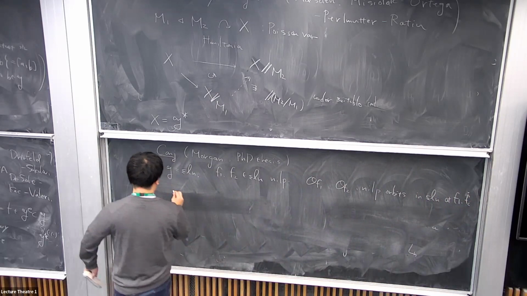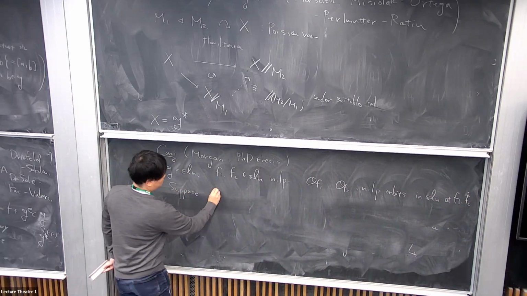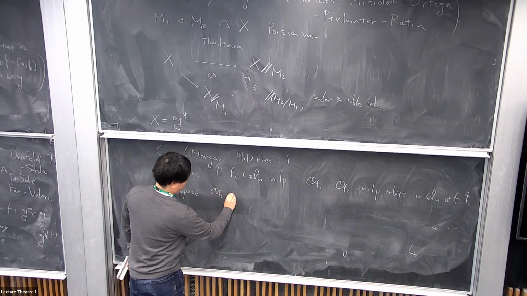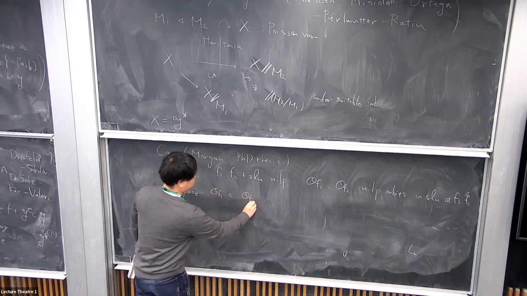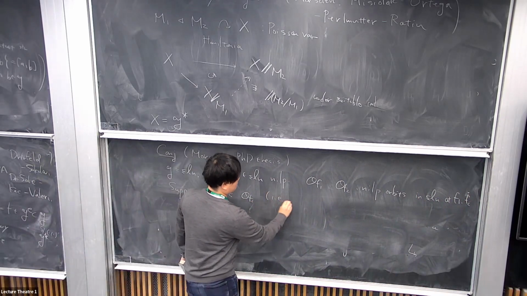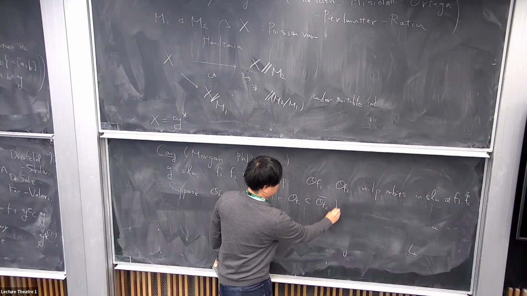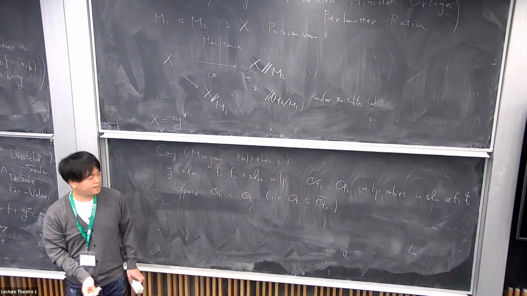And assume the conjecture supports that OF1 satisfies the order condition. So this means that F1 is contained in the Zariski closure of OF2.